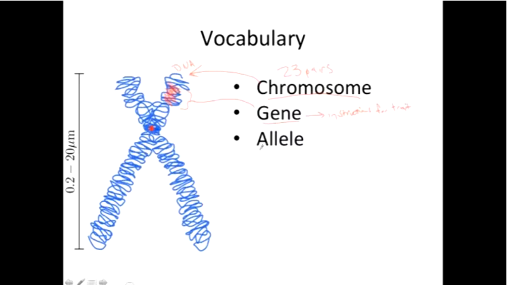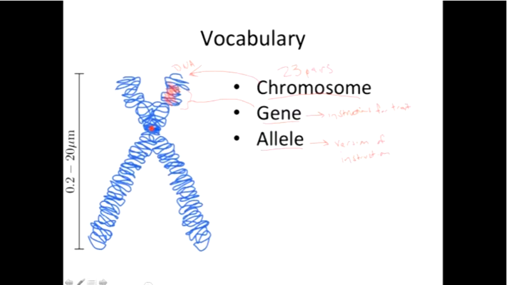Now, where this gets confusing is the word allele. If a gene is the instructions for the trait, the allele is which version of the instructions. Sometimes these words get used as synonyms, but they're really not, and there's a time to use one versus the other.